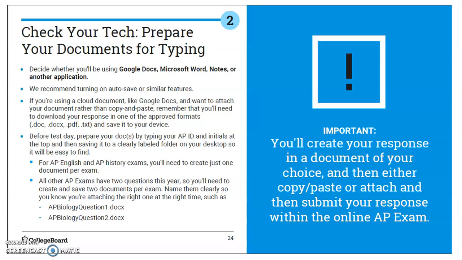So you're going to need to create and save 2 documents per exam. Name them clearly so you know you're attaching the right ones at the right time. So for example, AP Biology question 1 .docx, AP Biology question 2. If you can do that, it will save you some stress on exam day and you'll know you're attaching the right document at the right time.